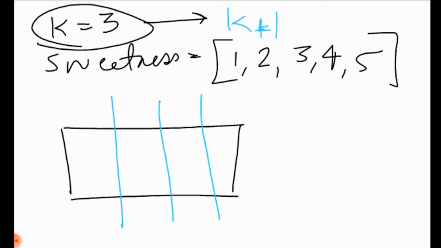Okay, so now we can also say that k is actually equal to the number of cuts that we're going to make, right? So the question says that we have to make cuts at such places that the minimum piece, the minimum chunk that we get, out of all the minimum options, is the maximum.